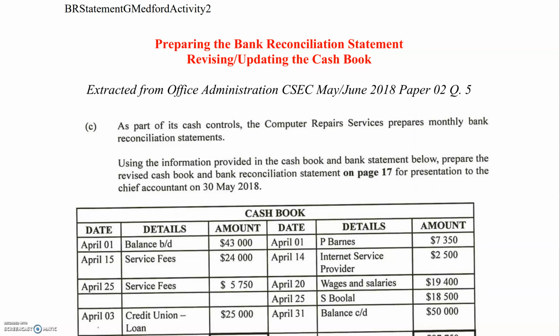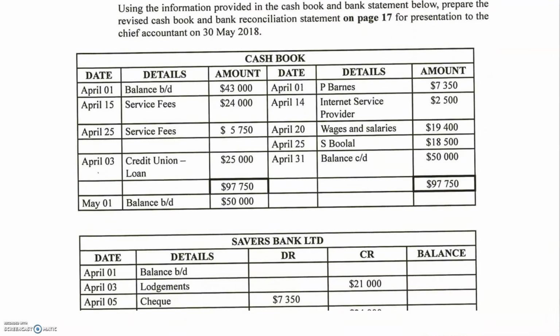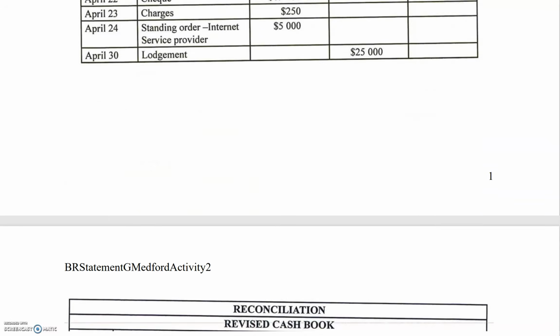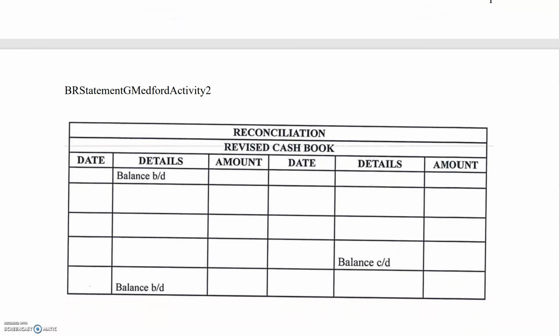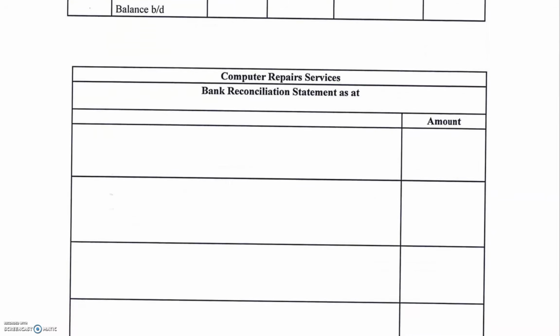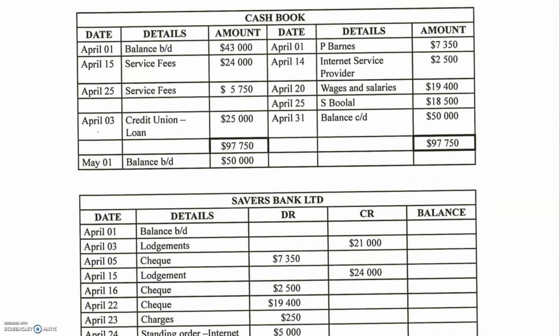So the question comprises the extract from the cash book, the extract from the bank statement, and then the area for the revised cash book and the area for preparation of the bank reconciliation statement. So let's look at the cash book and bank statement.